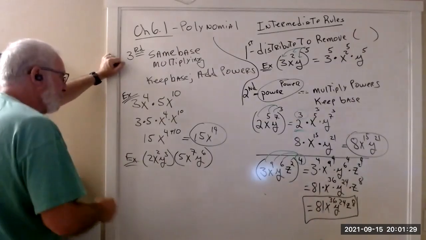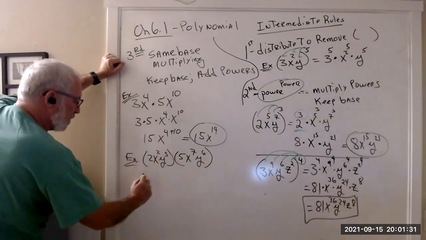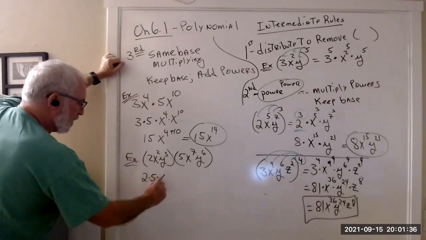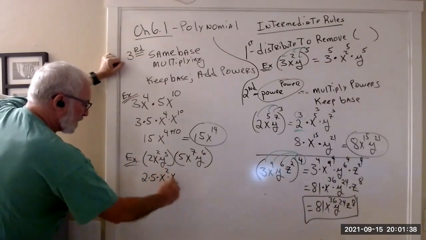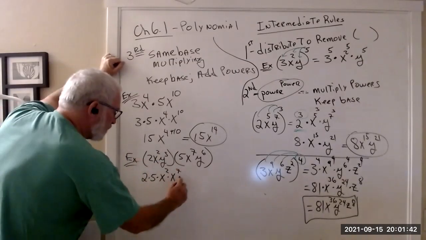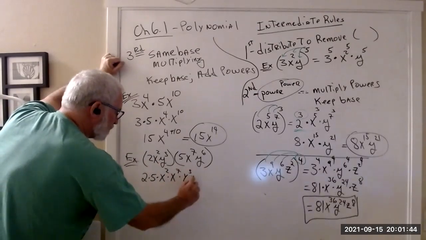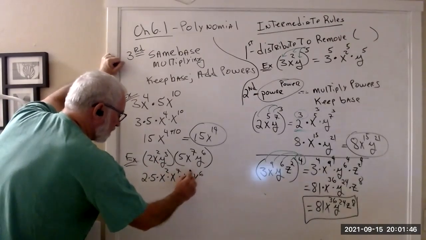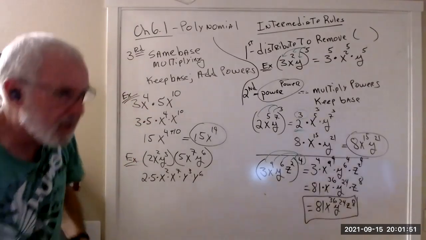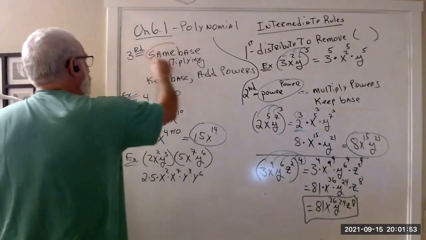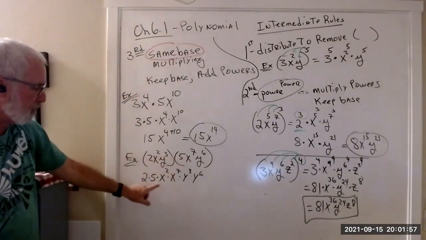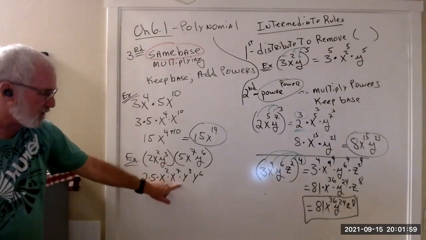So again, mentally, we get 2 times 5, just number times number. Then we put together x squared times x to the 7, x with x, y to the third times y to the 6. Again, the key here is same base. That's why we're regrouping the problem. We're getting number times number, base times base, base times base.